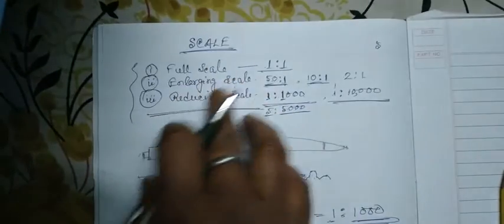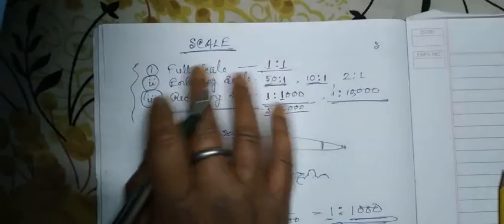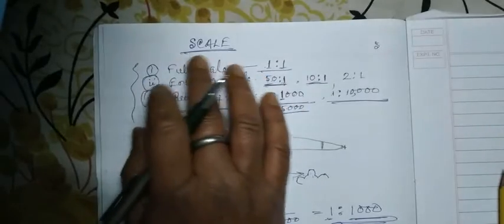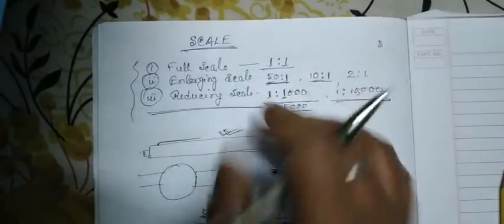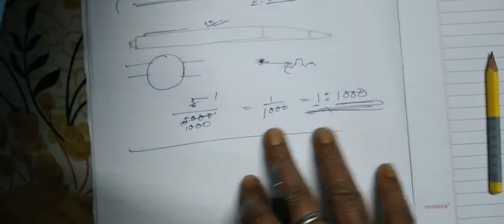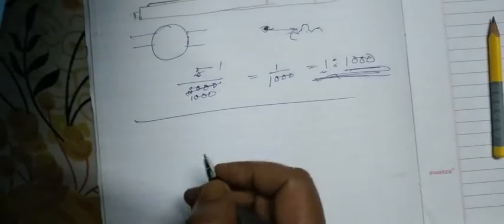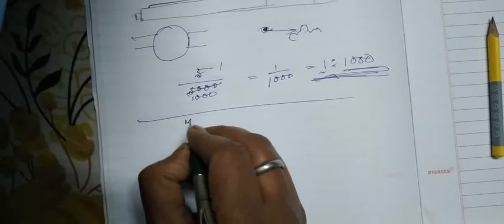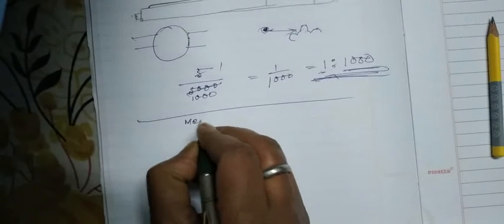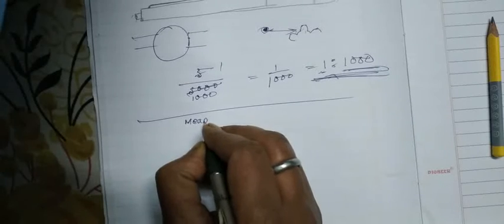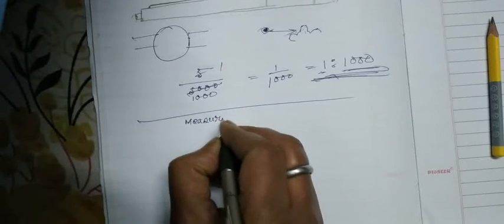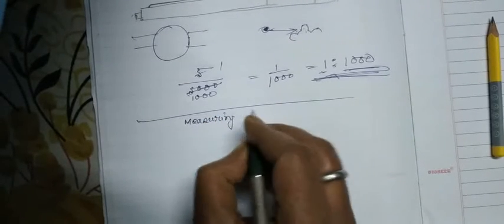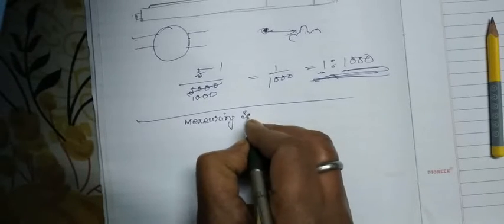These are the engineering scales; in engineering drawing, we use three kinds of scales. And the measuring scale, what is the classification of a measuring scale?